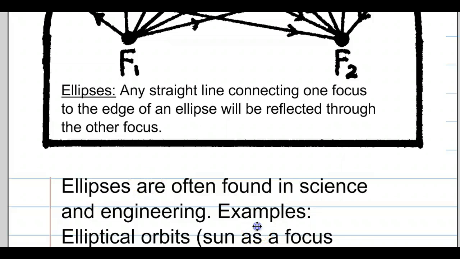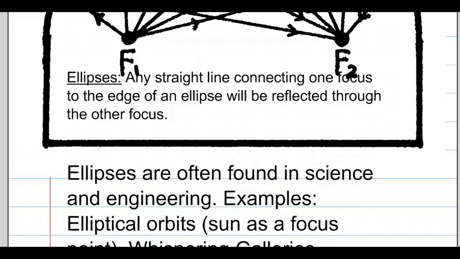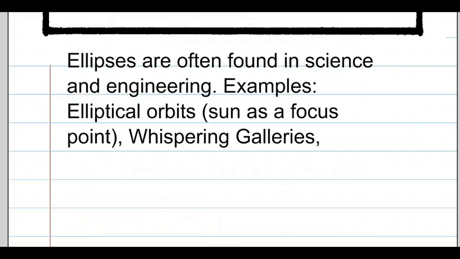Some popular examples of ellipses are in orbits. If you remember from astronomy, the world originally thought that the Earth was the center of the universe, and that every planet in the sky revolved around the Earth in a circular motion. Then it was Kepler who said that doesn't make sense.